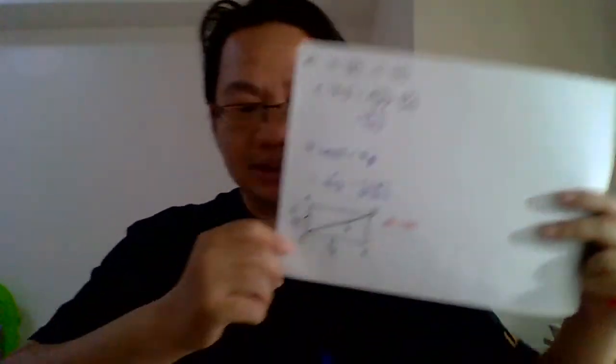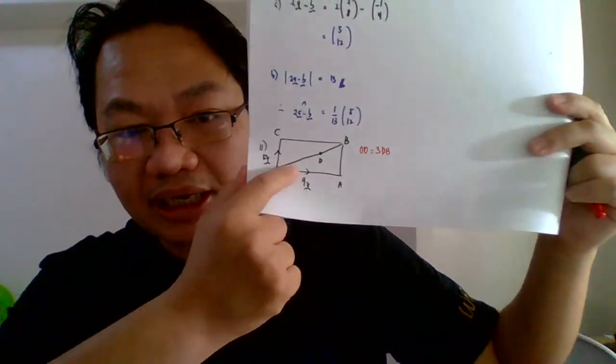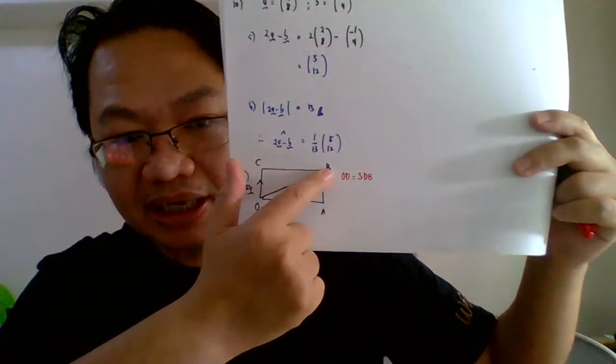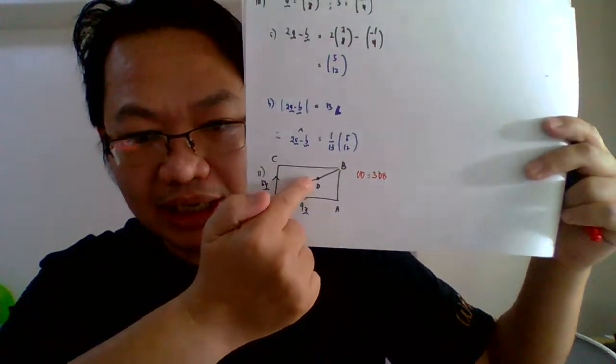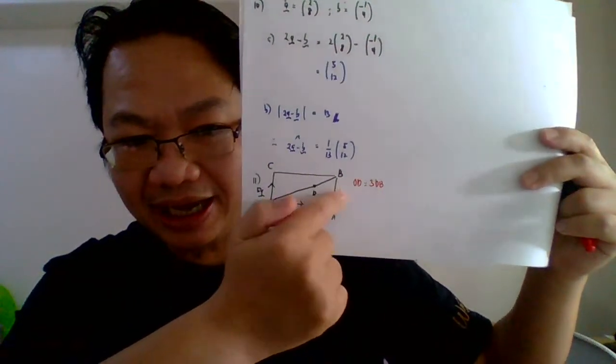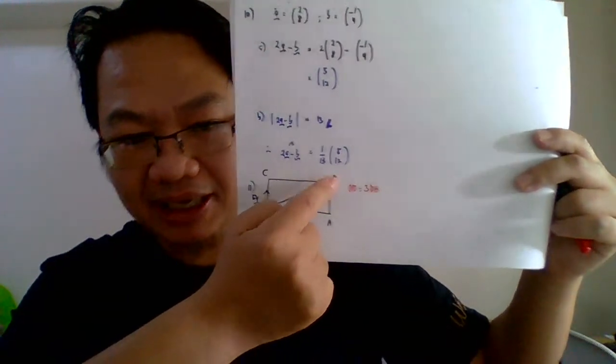OD equals 3 DB. You look here, this is the ratio given, the equation of ratio. OD is triple of DB. That means this is 3, this is 1. There is a 1 in front, right, 1 and 3. So 3 will be on OB and 1 will be put on DB.